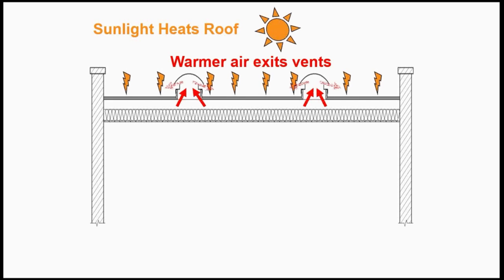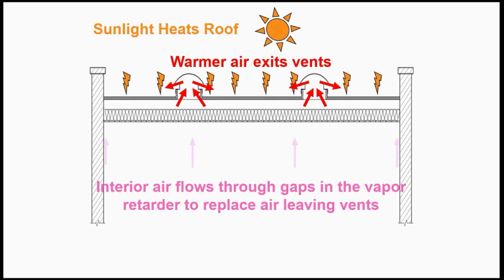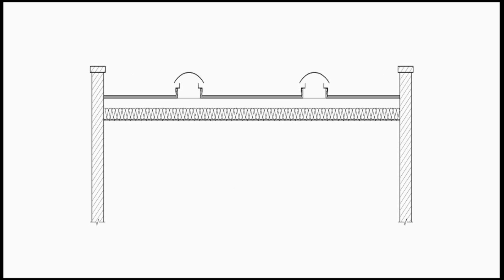So that air coming out of the vents is replaced by interior air that flows through any gaps that happen to be in the polyethylene and through a variety of different features, including lights and other things. When that air comes in, it's moist air. It's interior air, the outside is cold, so that condenses on the cold surface, which is the underside of the plywood sheathing and within the vent.